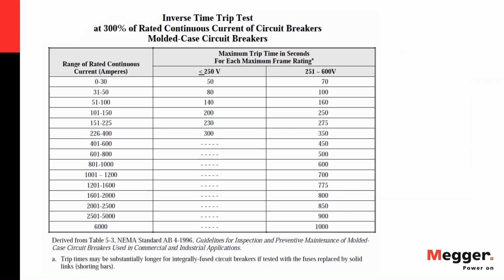Now, if you don't have a curve and you don't have any idea, you can always go into NEMA AB4, and they have this reference table to give you a rough indication of how many seconds at what current a breaker should hold if you don't have any other information. So this is a guideline.